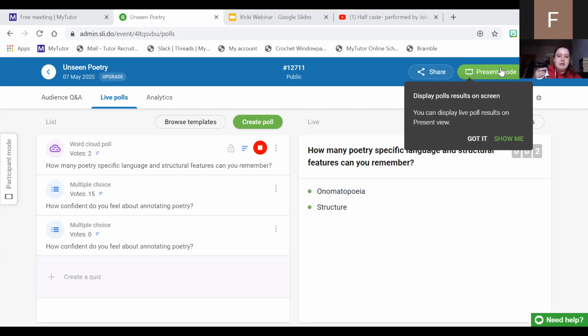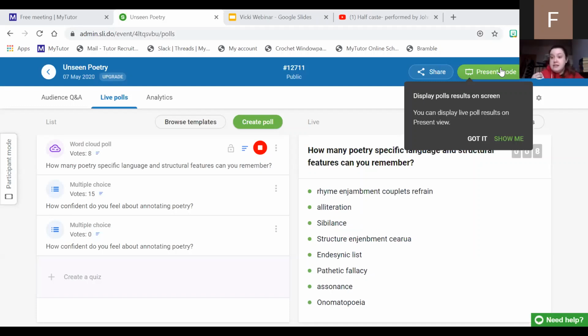Onomatopoeia, yeah, absolutely. We could also see onomatopoeia in prose texts, but we can definitely see it in poetry as well. Lines, yeah, ending. Fantastic. Assonance, yeah, fantastic. Pathetic fallacy, yeah, that one isn't specific to poetry, but we do see it.